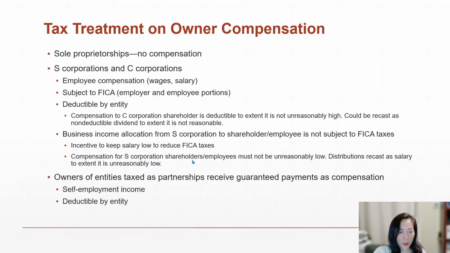All these issues are discussed in detail. This is also a very important characteristic to consider when the business owner is trying to decide which form of business entity they want to choose.